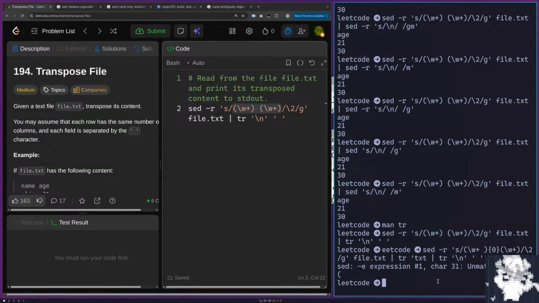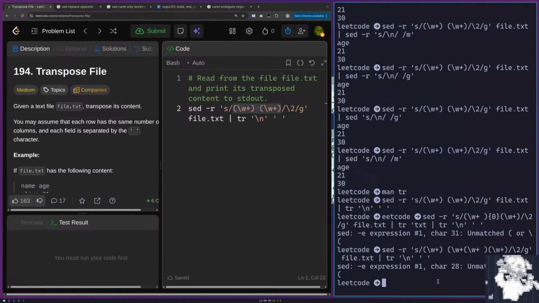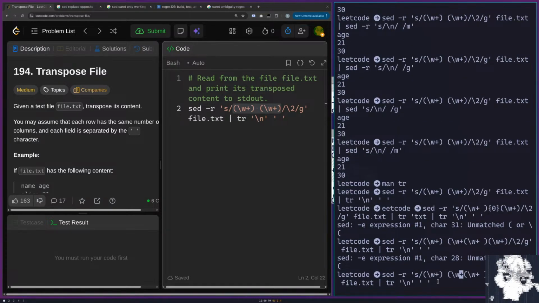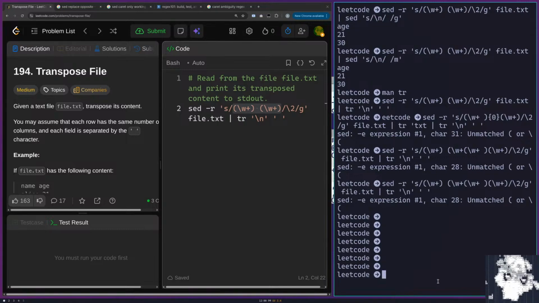Unmatched open or close parentheses. No, there isn't. Maybe it doesn't like this as a way of saying repeated. Wait, this got messed up. Hold on.